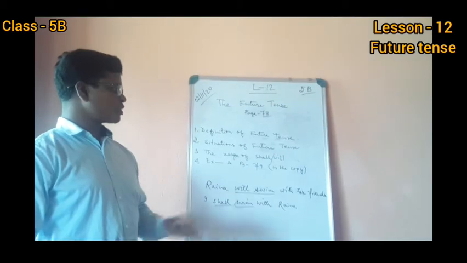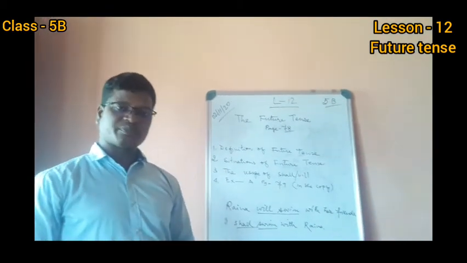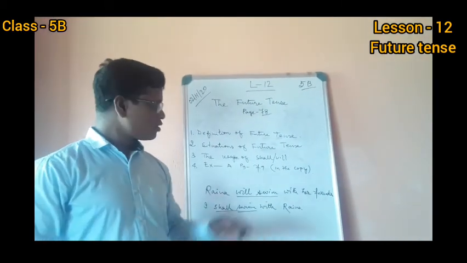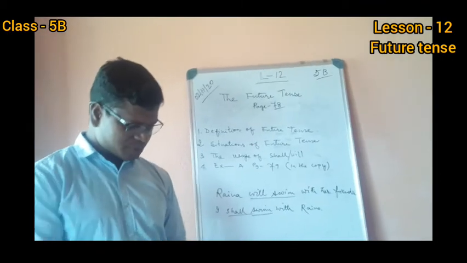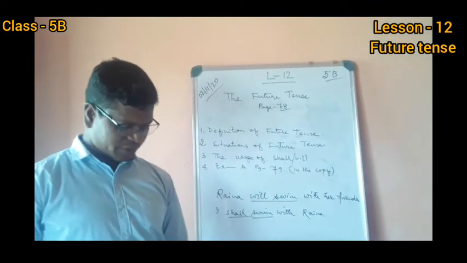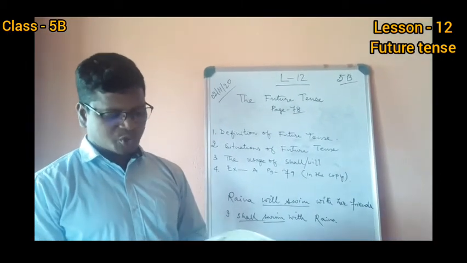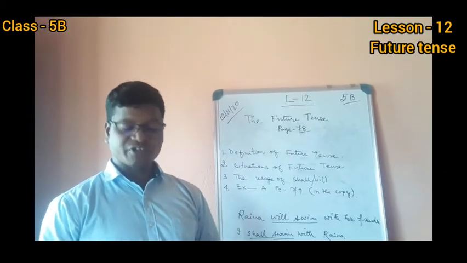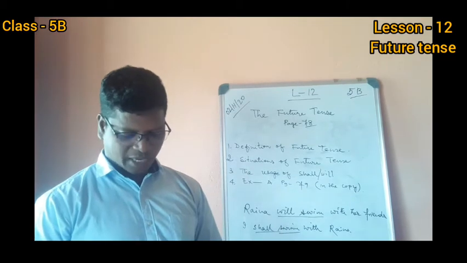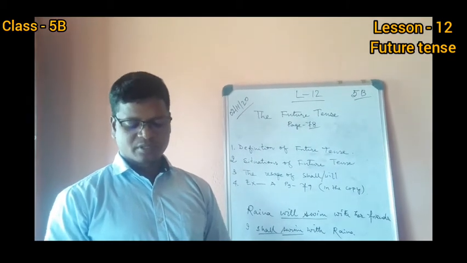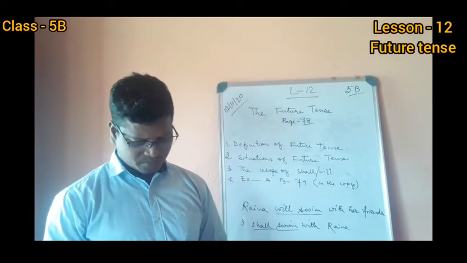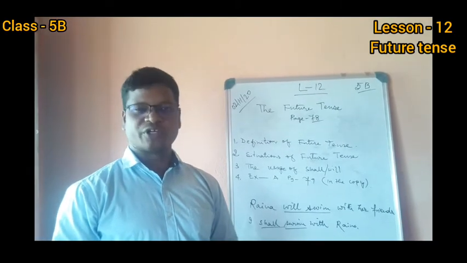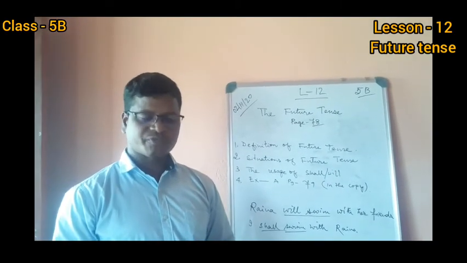Now, situations of future tense, that means where to use the future tense. We have two things here. Simple future talks about an event that is yet to happen, will happen in the very near future, or will become a regular phenomenon. So this is the first situation.